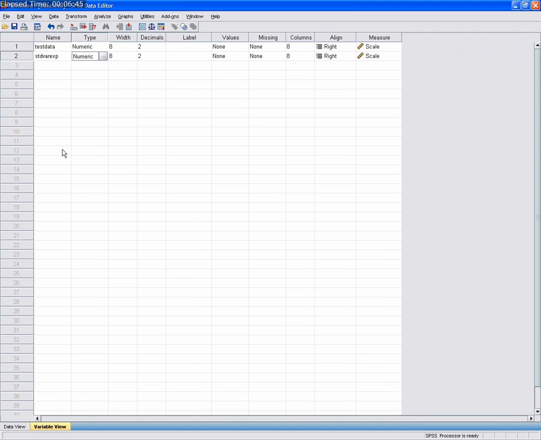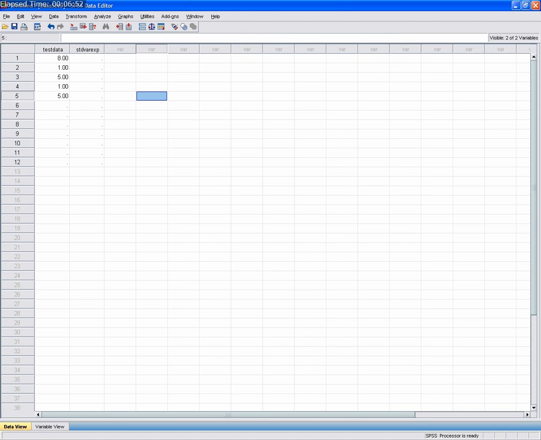Alright, and again, I'm going to make it a numeric, just accept the defaults, and we'll pop over to data view, and we're just going to take this first group and copy them right over. I don't know if this is going to work actually, and put them under here.